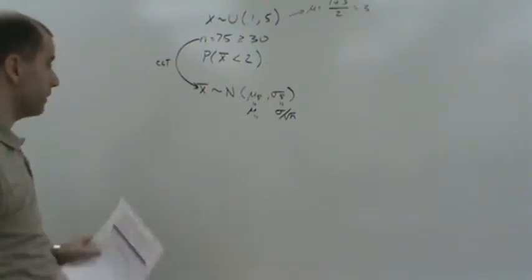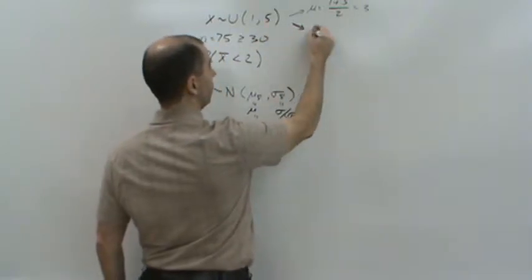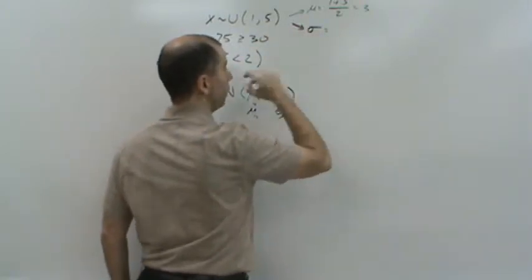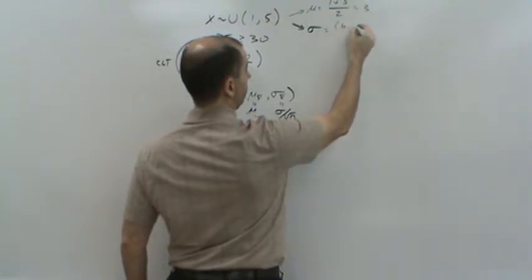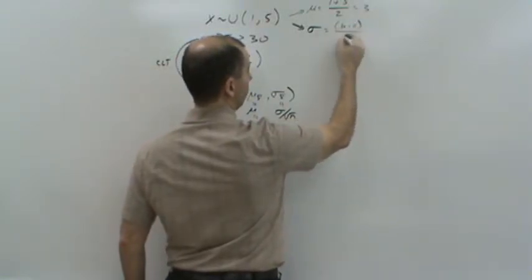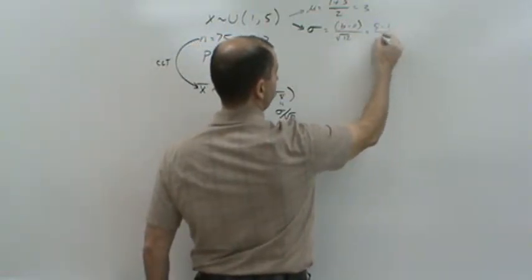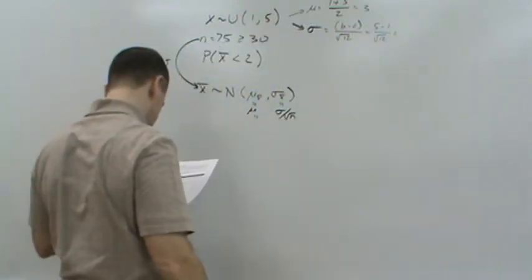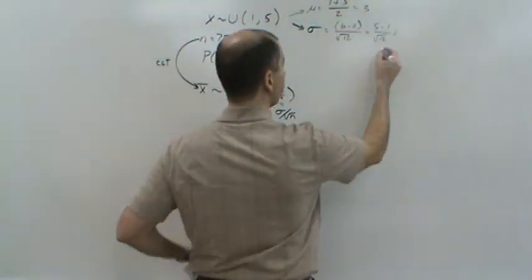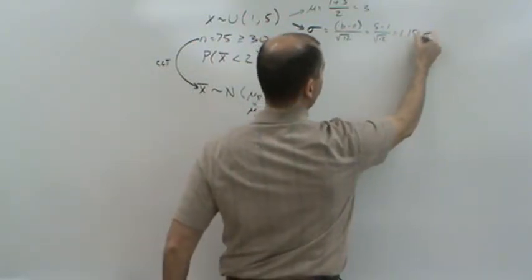And the standard deviation, if you remember, for a uniform population is sigma equal to b minus a over the square root of 12. So that's 5 minus 1 over the square root of 12, which is approximately 1.155.